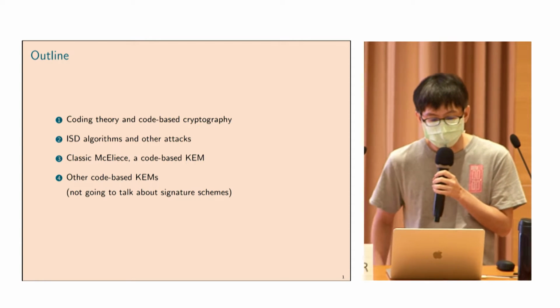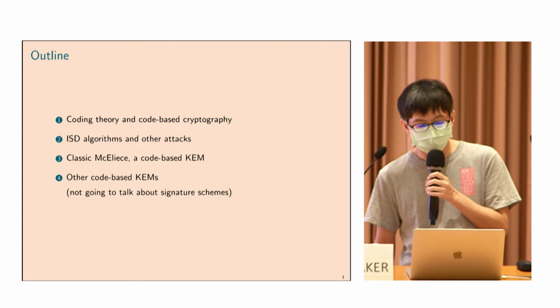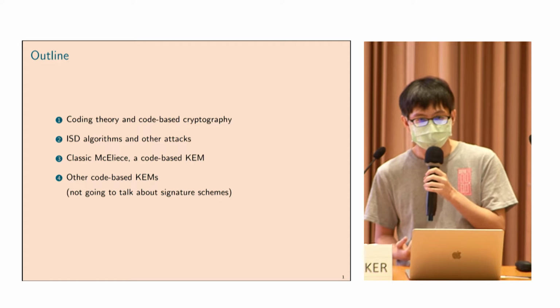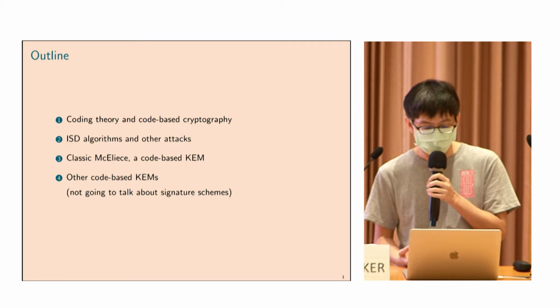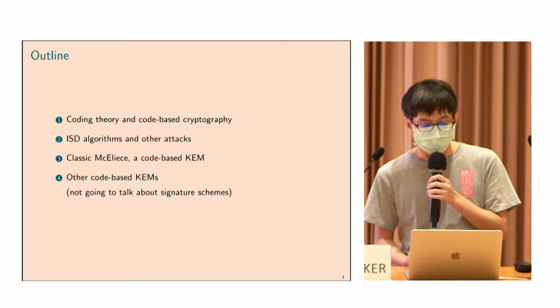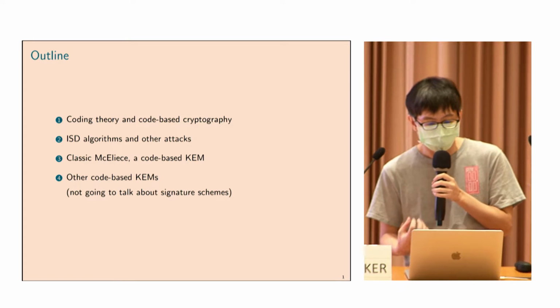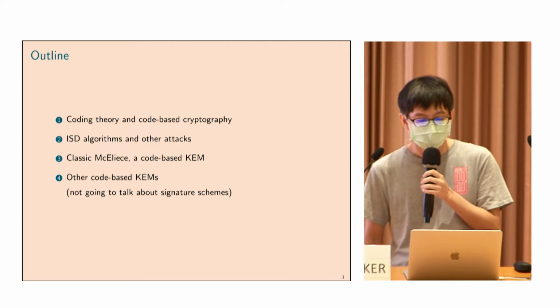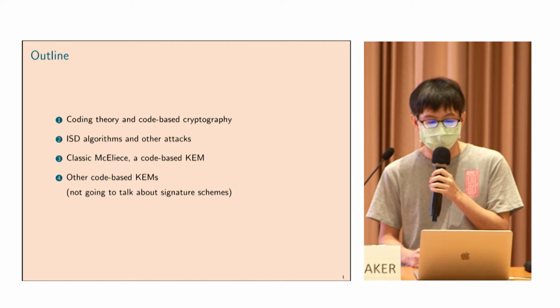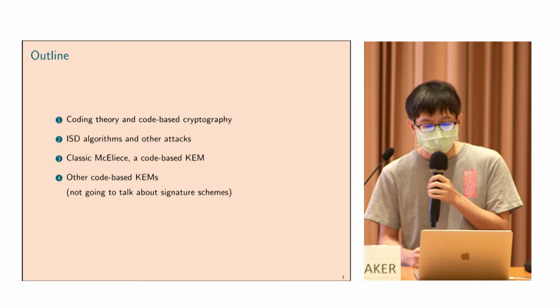In the second half of my talk, I'll talk about Classic McEliece, which is a submission to the NIST PQC standardization process. And also I'll talk about some other types of code-based crypto systems that were also involved in this NIST PQC standardization process.